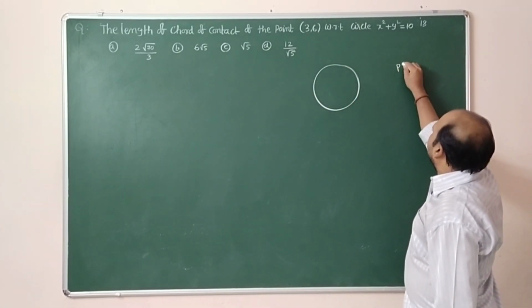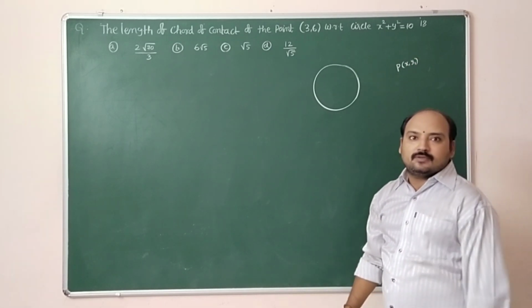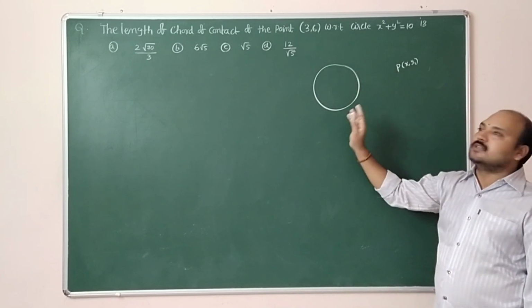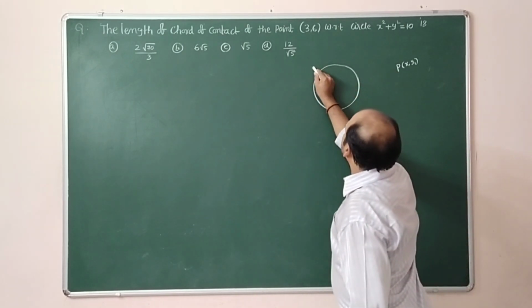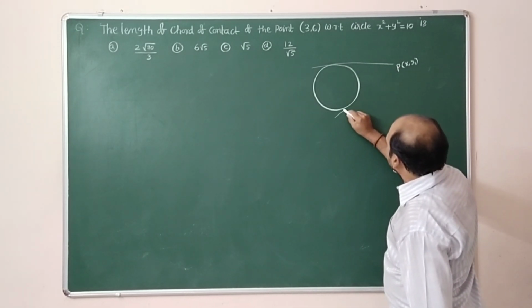Let us consider P(x1, y1) to be any external point other than the center. Draw tangents from the external point to the circle. This is one tangent, and this is another tangent.